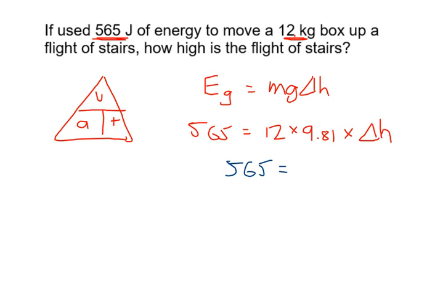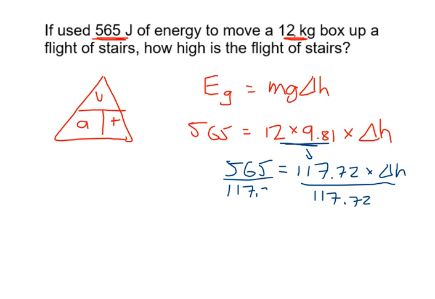And they discover that these two numbers, if you multiply them, are 117.72. And then, once they put these two numbers together, they divide both sides by 117.72. And by doing that, that cancels them away and it gives them a change in height. Perfectly fine. If you like doing that, go for it.